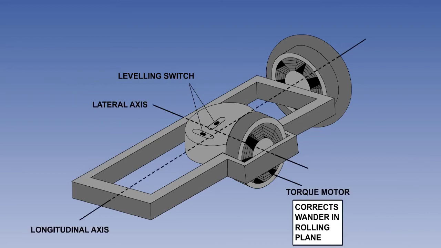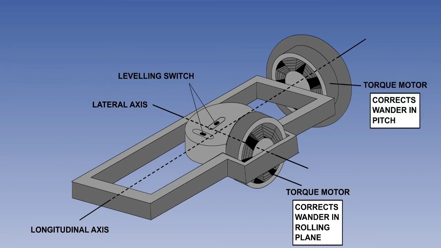Because of the 90 degrees precession rule, the torque motor on the side of the inner gimbal corrects wander in the rolling plane. That is, it applies torque around the lateral axis to produce rotation around the longitudinal axis. Likewise, the pitch torque motor is on the outer gimbal, so that the precession is around the lateral axis to correct for pitch.